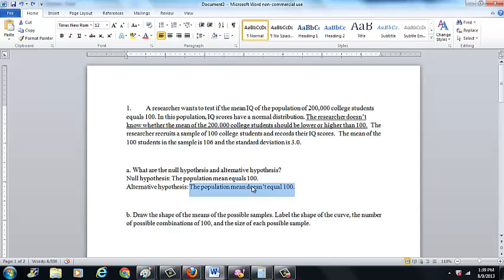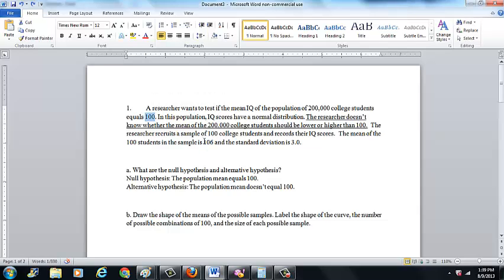since the researcher has rejected the null hypothesis, the researcher can make a more specific conclusion by looking at what the sample mean equals. The sample mean came out to 106, which is higher than the population mean being tested.